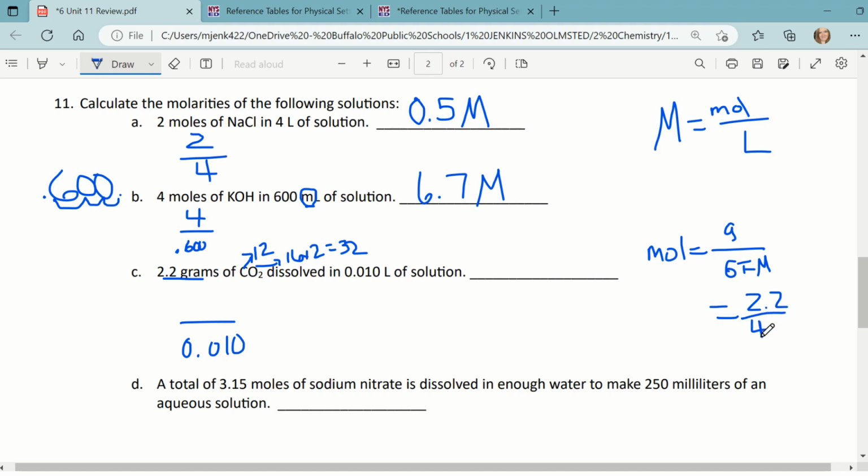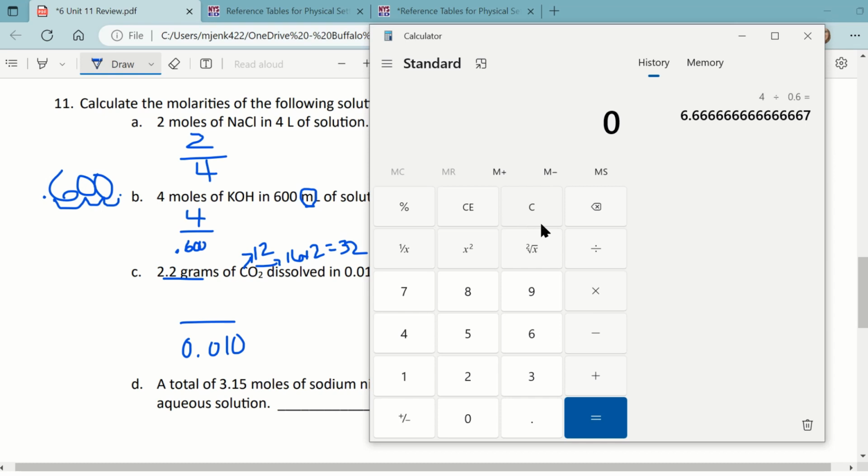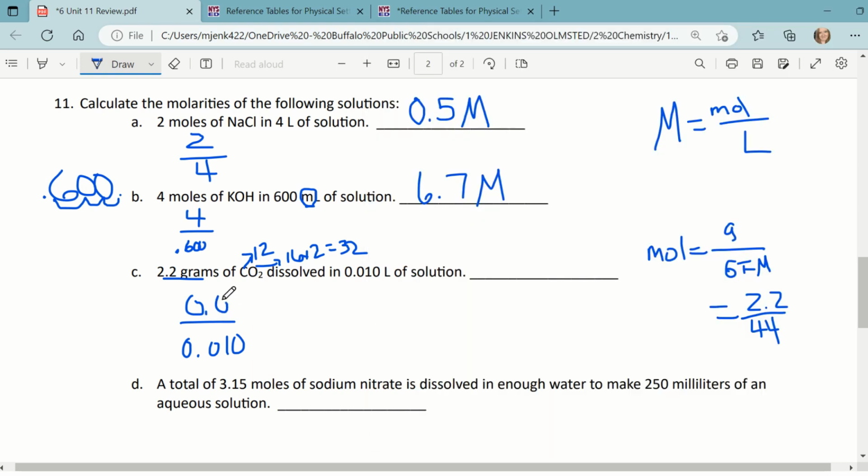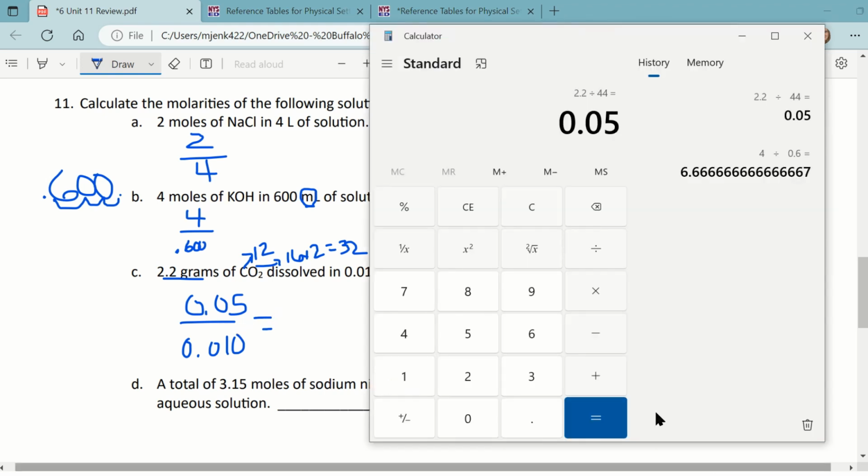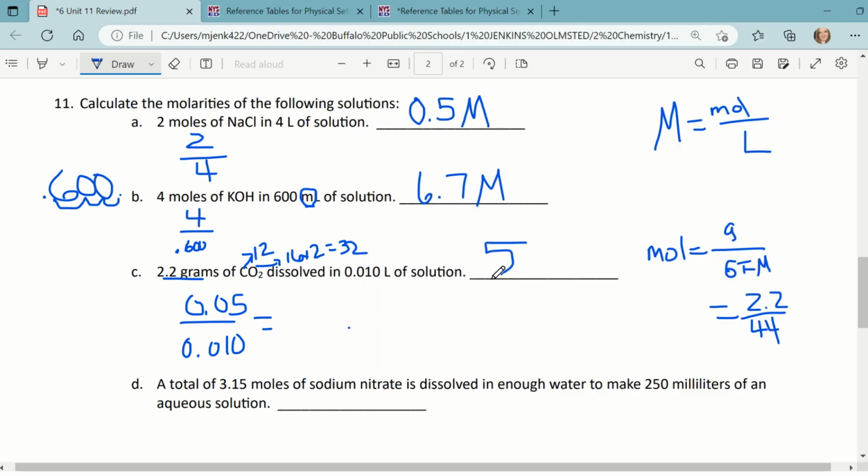So I need to do 2.2 divided by 44. So 2.2 divided by 44 equals 0.05 moles, and that's how many liters I have. So I take that number and I divide it by 0.010, and that gives me 5. So it is a 5 molar solution.